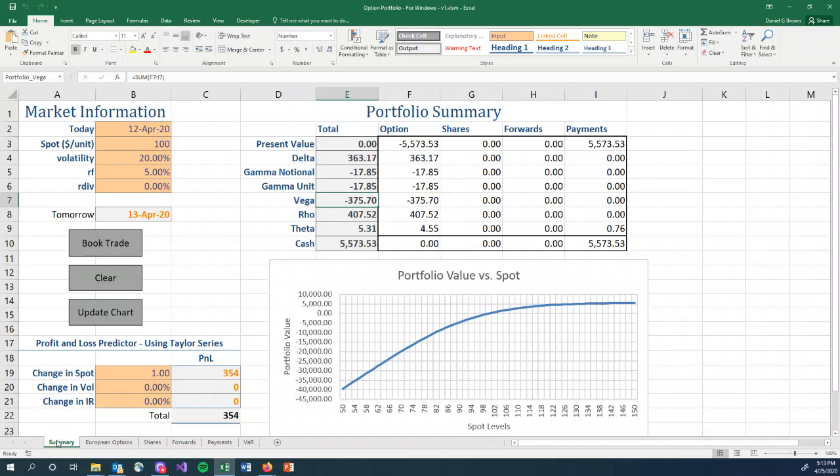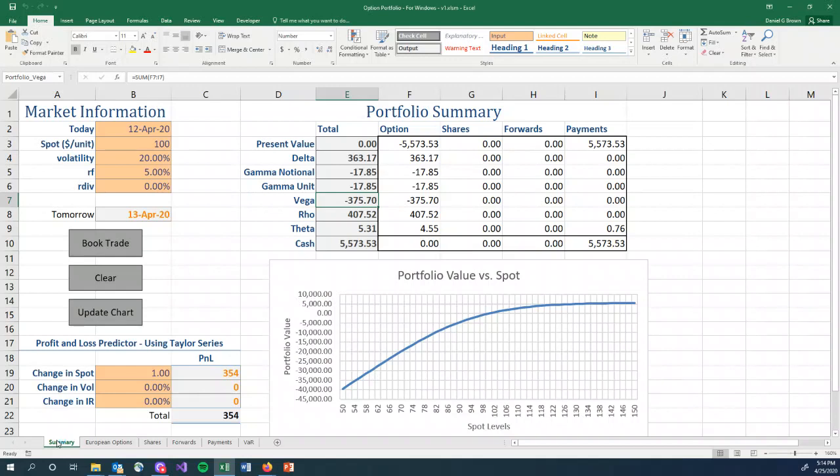We lose money because of our delta and our gamma. We lose money when the stock falls in value, but then we lose even more because of volatility increasing, because of that vega. So this is a position where, because of our correlation being negative 60%, our losses due to the stock moving are compounded by the losses due to the volatility moving.